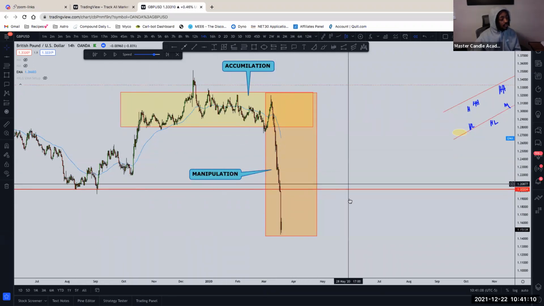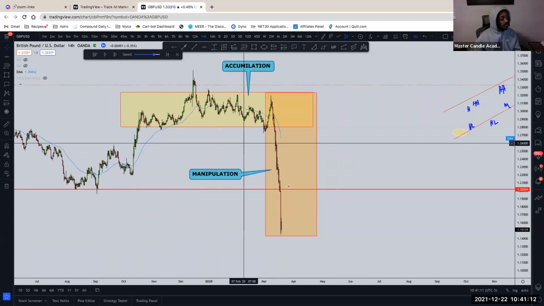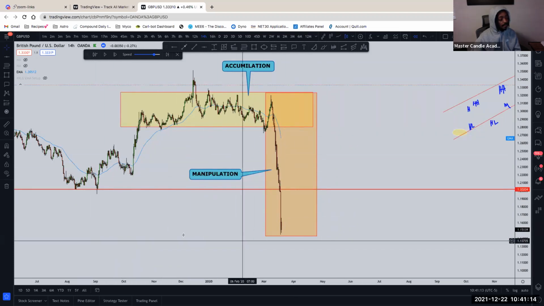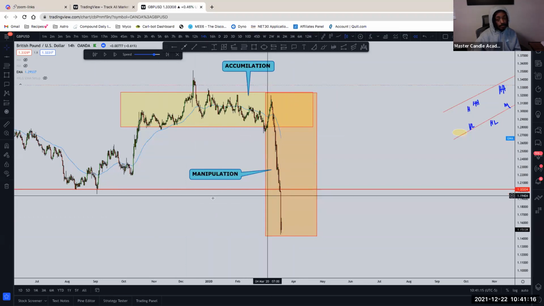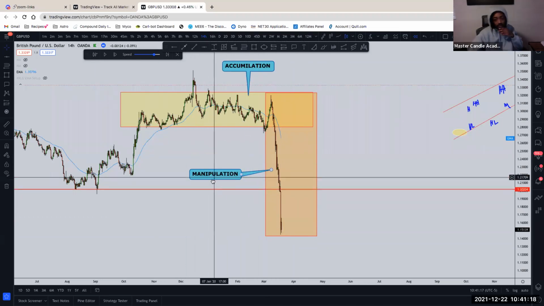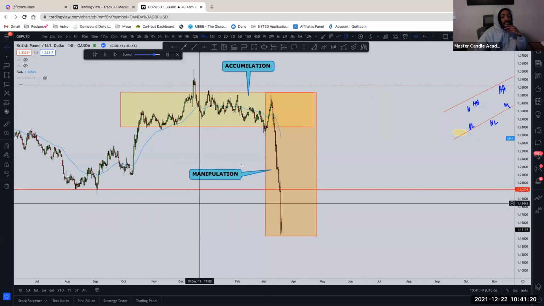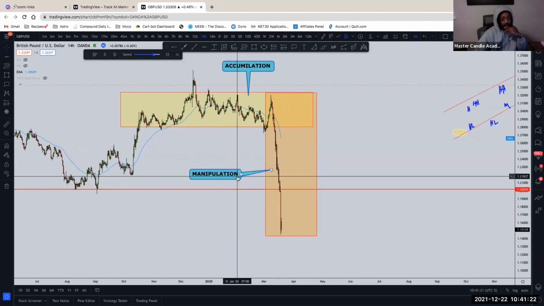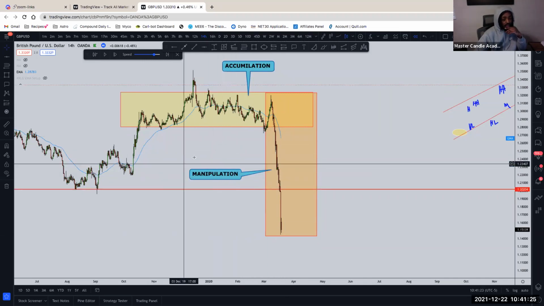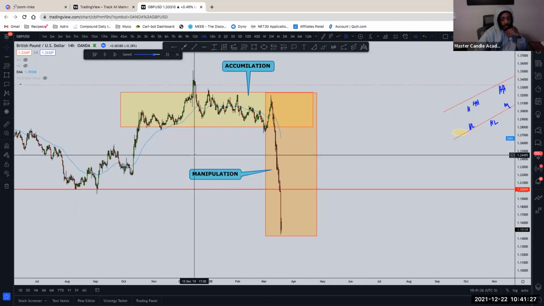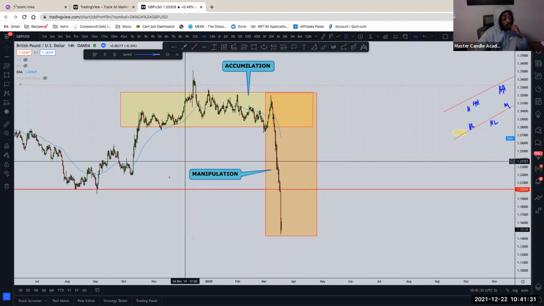What was in this gap right here, guys? What was down here, I should say? Right, orders.